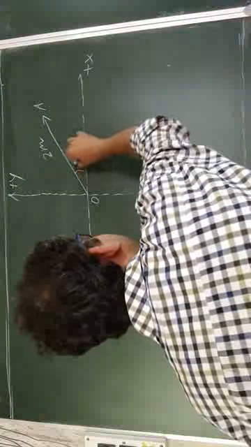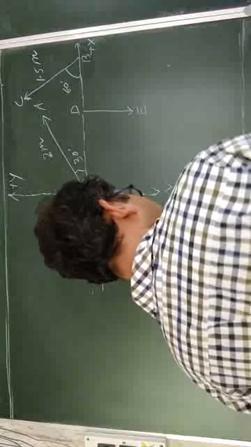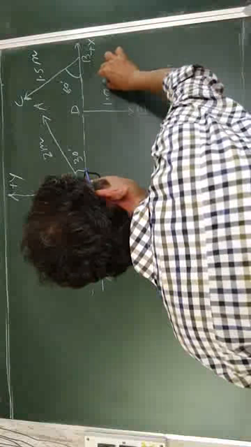There is another vector DE whose magnitude is 1.0 meter, acts at an angle of 90 degree. And the question is, find out the resultant.